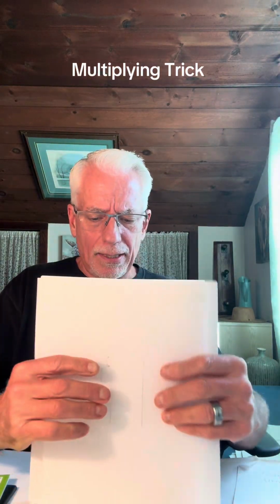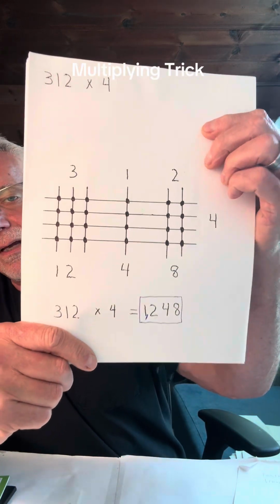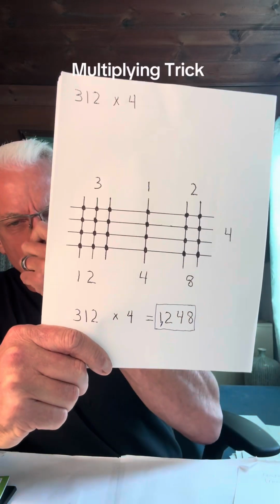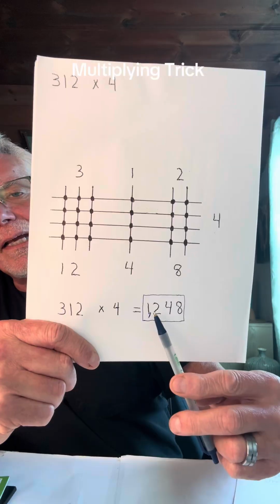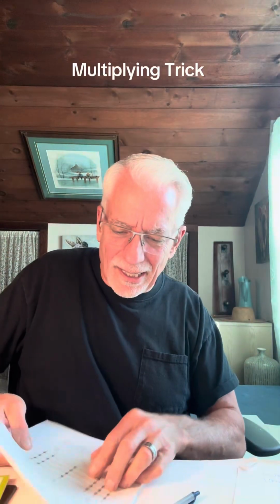So when I count those up, I get 1,248. Usually they put a comma after every 3 digits, so I think I forgot and I put it in later. My students used to forget that too, you guys. It just helps us see the numbers easier, especially when you get into a million and a billion. It's easier to recognize.